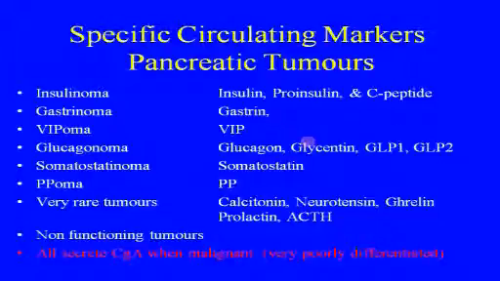So for an insulinoma, we might not really be getting a lot of information from chromogranin A because, in fact, the majority of insulinomas are not even malignant, and if they're not malignant, then we won't get a raised chromogranin A. So we're looking at insulin or proinsulin or C-peptide. For something like a vipoma, we want to follow the VIP. The chromogranin A we may follow as well, but really what we want to know is what that tumour is continuing to put out into the circulation.